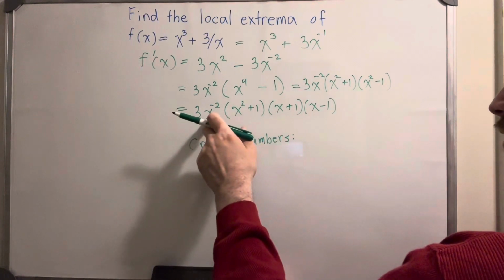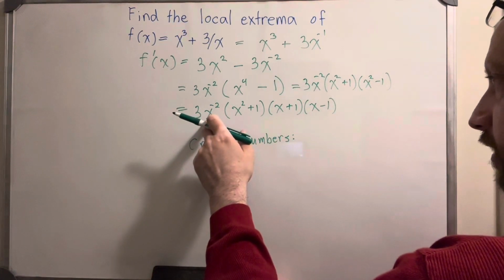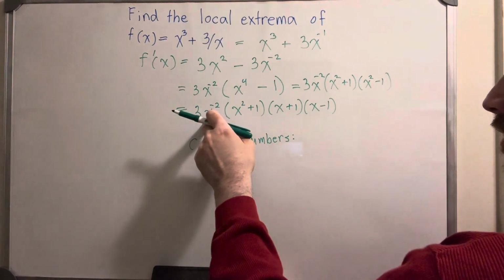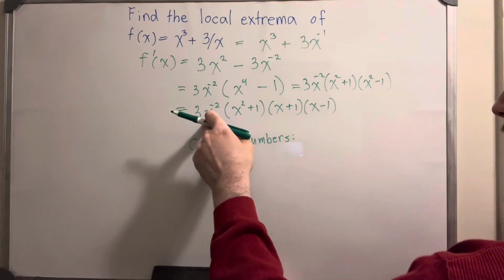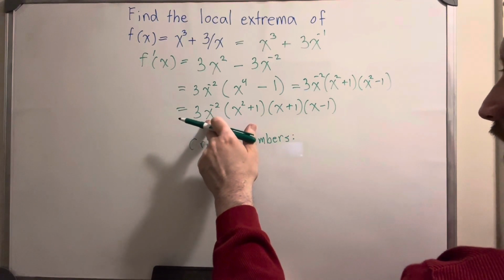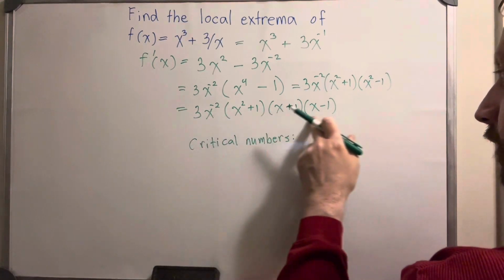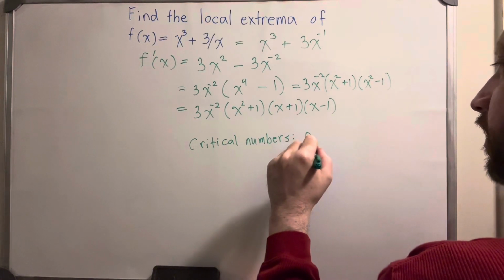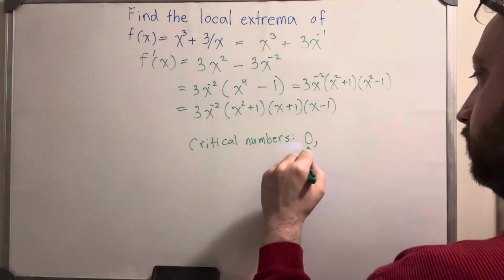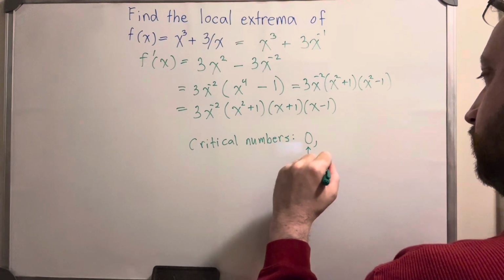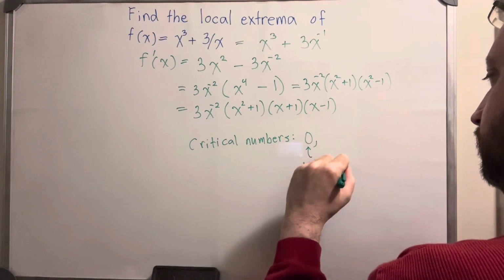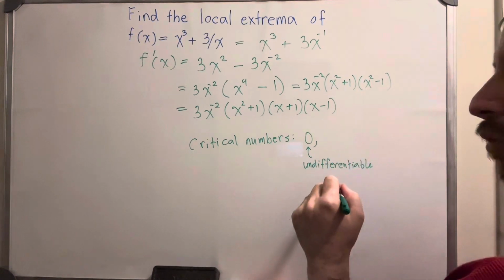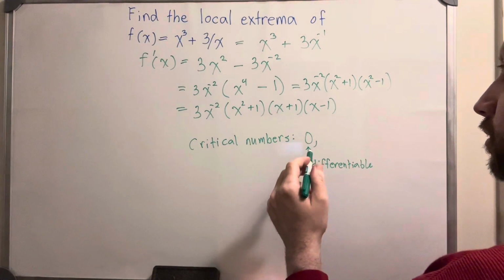Well, this function would not be defined at x equals 0 because 0 squared is 0 and 0 in a denominator with a negative exponent would lead to division by 0. So we know that this is a point where it's non-differentiable.